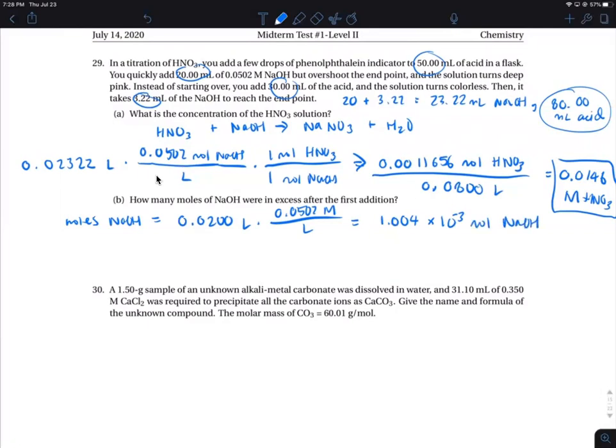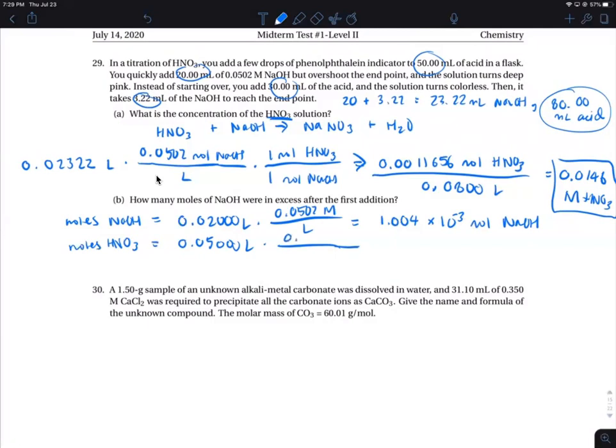And then moles HNO3 is just, we had 50 milliliters or 0.05 liters. So we already found the concentration of HNO3 from part A, so we're going to use that.